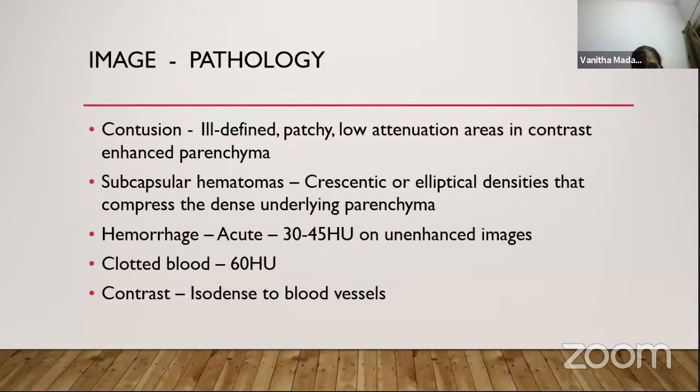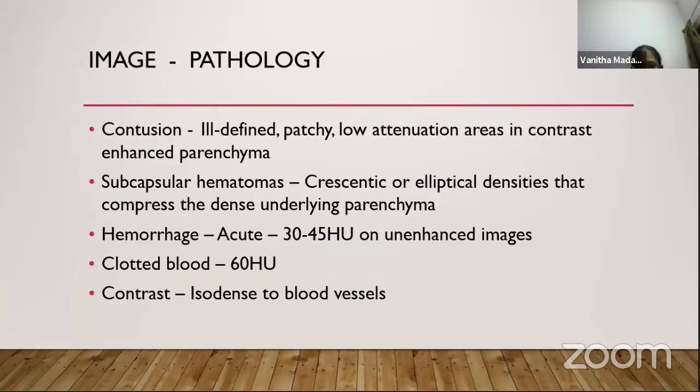The expected pathologies that can be seen in CT images include a contusion, which will appear like ill-defined patchy low attenuation areas in contrast enhanced parenchyma. Subcapsular hematomas in solid organs like liver or spleen will be seen like crescentic or elliptical densities that compress the dense underlying parenchyma.